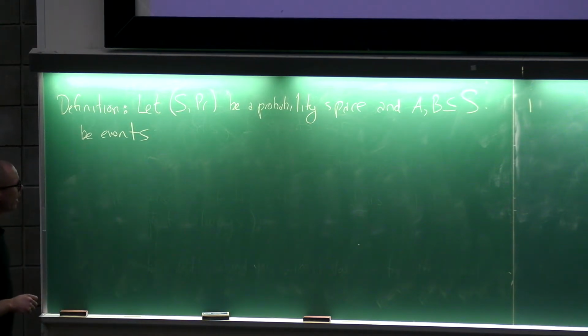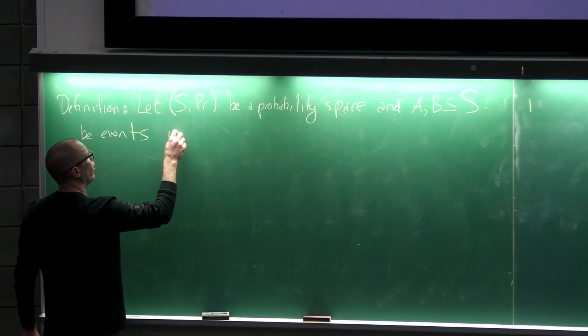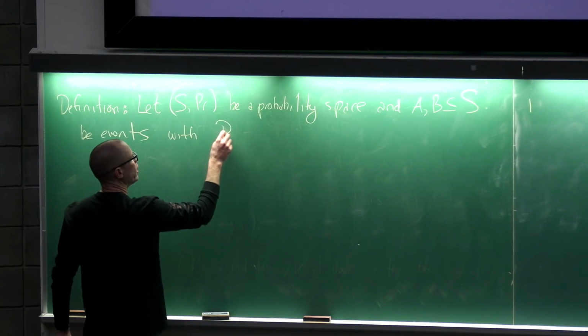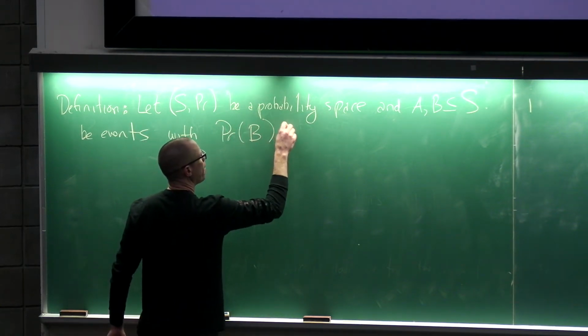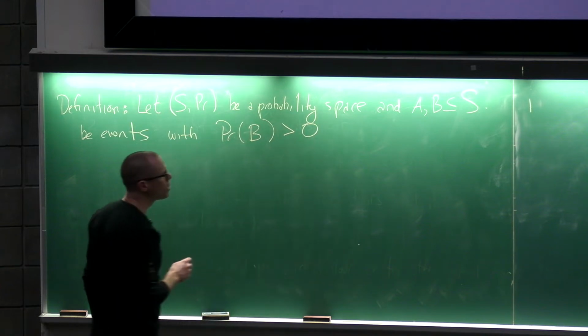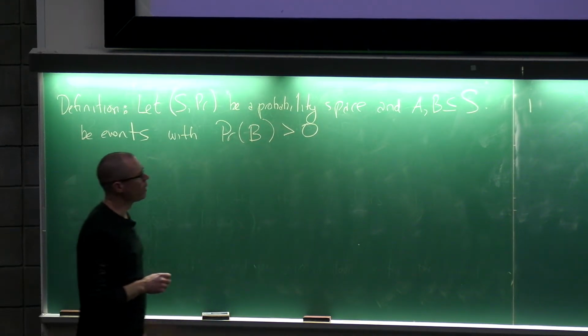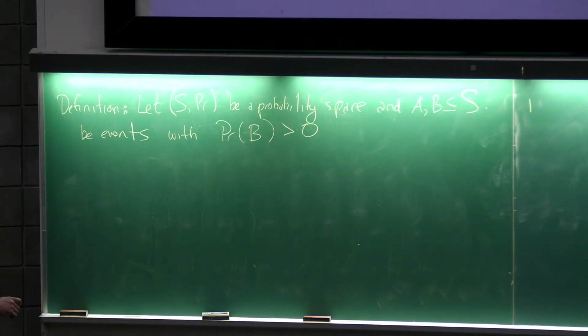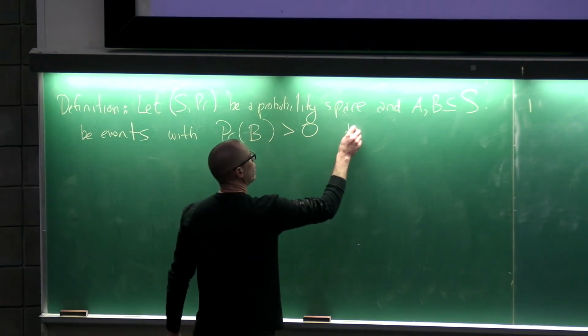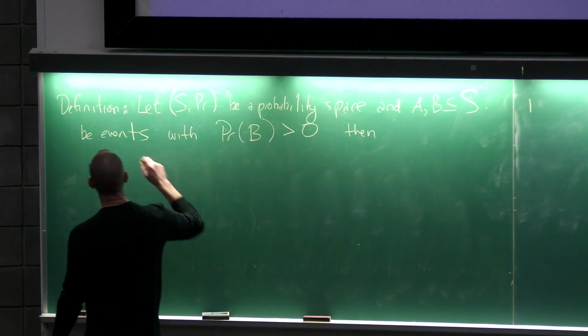So those are events with the only condition that the probability of B should be bigger than 0. So B shouldn't be one of these things that never, ever, ever happens. And this is just a definition, so we're not proving anything.